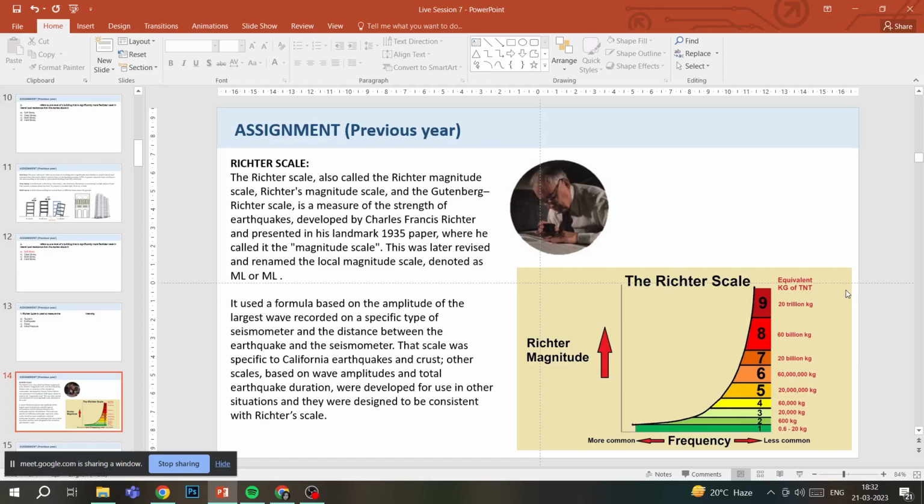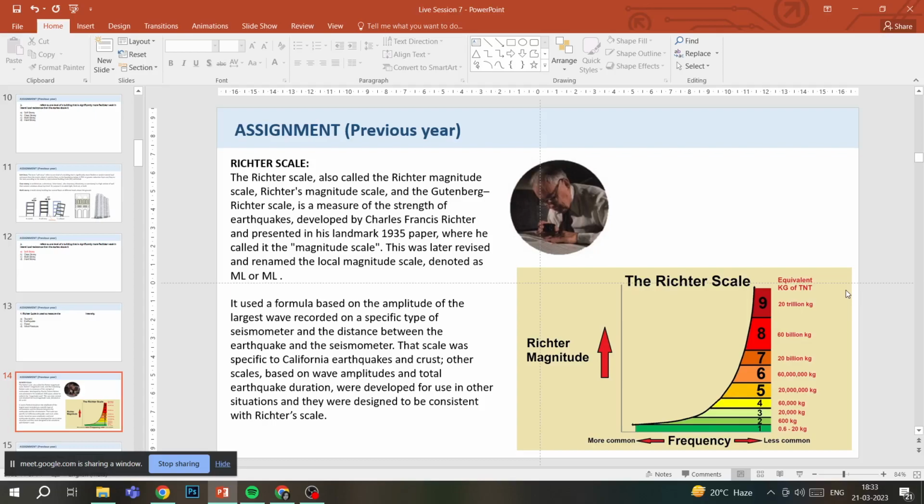It is a formula based on the amplitude of the largest wave recorded on a specific type of seismometer. A seismometer is a meter which measures the seismicity, along with the distance between the earthquake and the seismometer. So the Richter scale actually works on a formula based on the amplitude of the largest wave recorded and the distance between the earthquake and the seismometer.